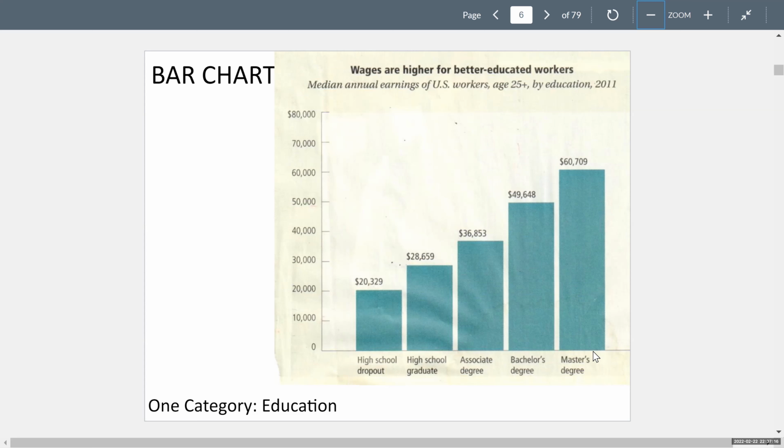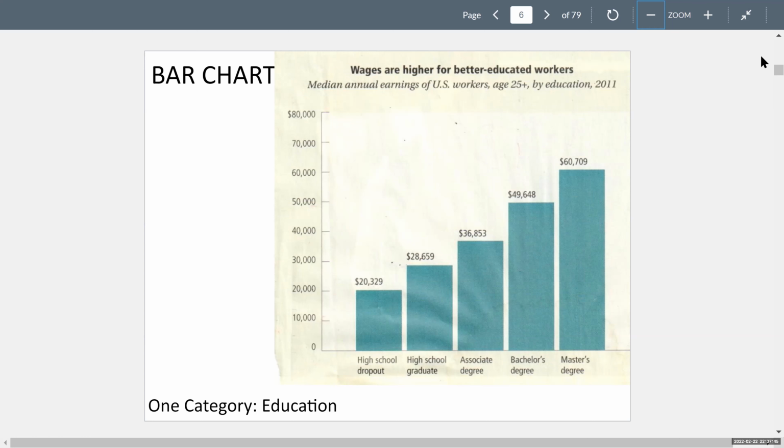So in this graph, it's showing for all of you smart people who are working on improving your education, that should end up resulting in a higher mean annual earning. So we have education, highest education level attained along the x-axis, and then we have on the y-axis median annual earnings in dollars.